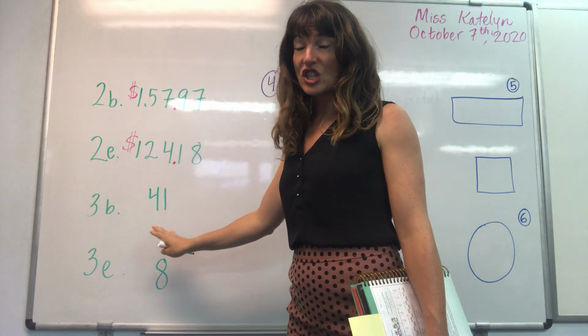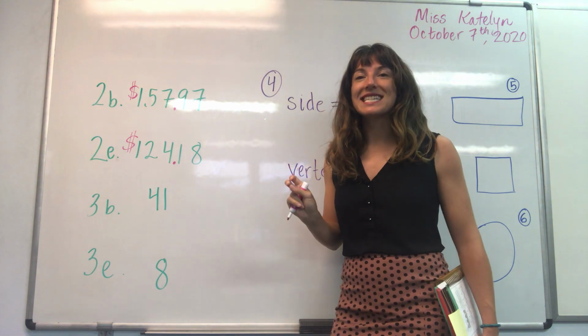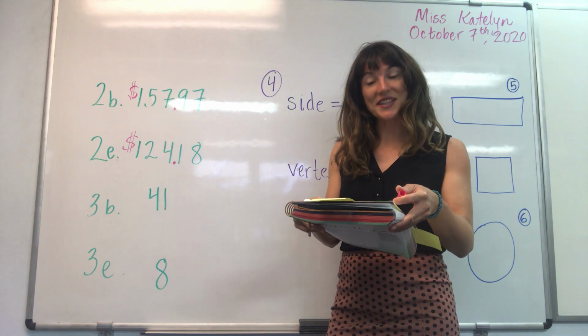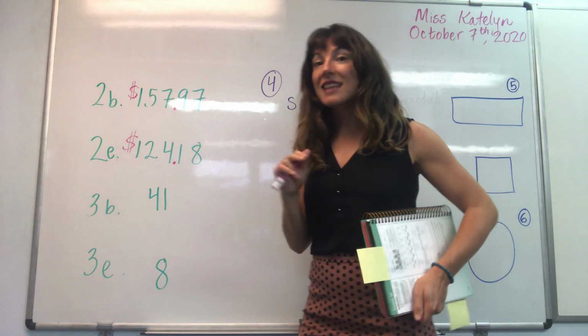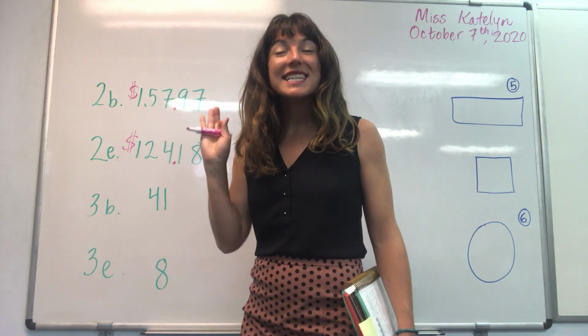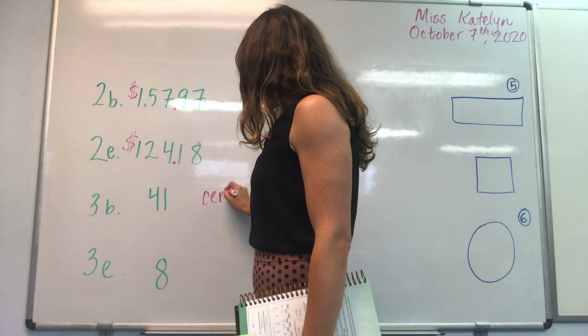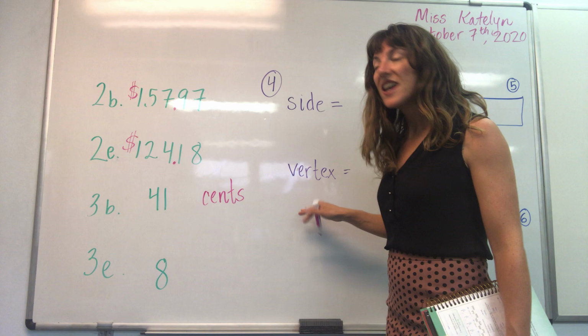Now skip down to section 3 because they're only doing cents. The directions say all of these amounts are less than $1, okay? Less than $1 are your cents. C-E-N-T-S, the cents, okay?